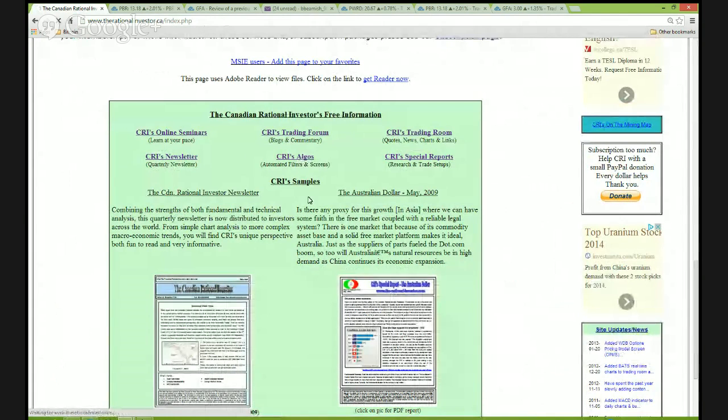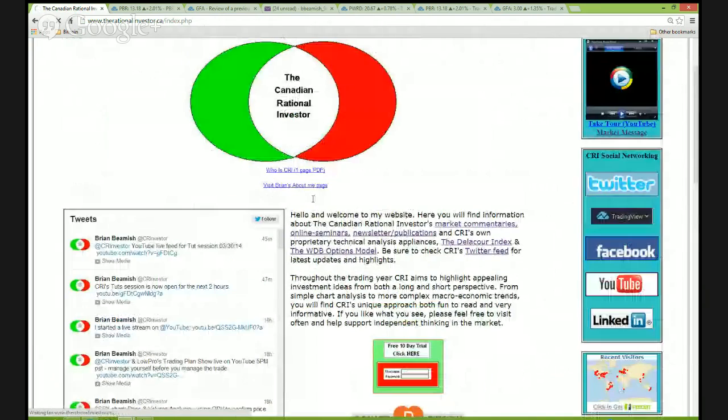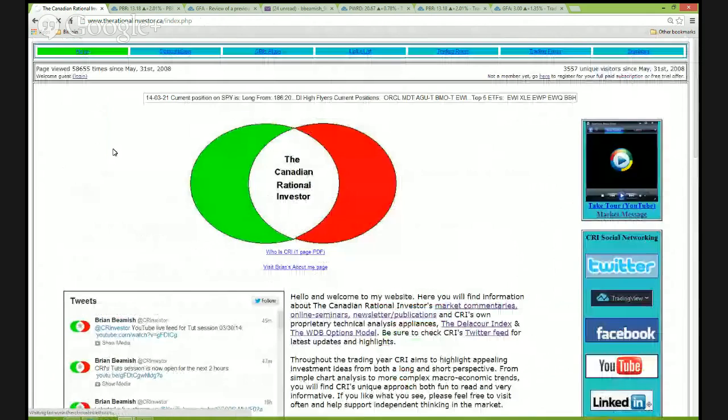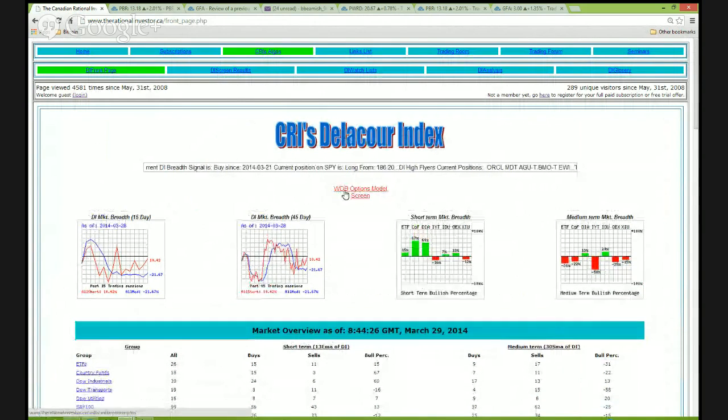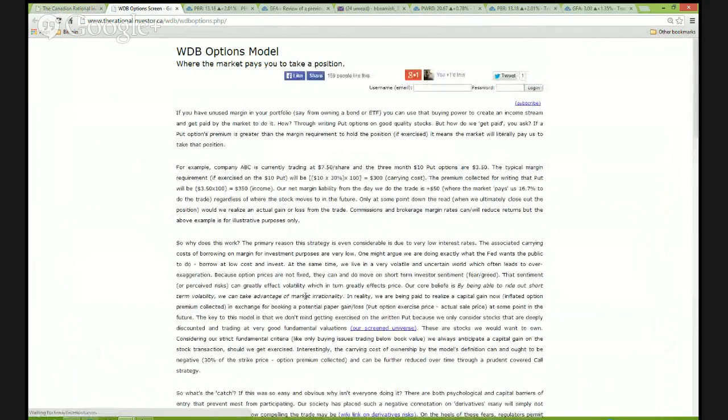So you click on CRI's algos. Holy crap, this server is slow. Once you get onto this page, you'll notice that just below the CRI's Delacorp index, there's a link here, WDB Options Model Screen. So if you mouse over that and click on that button, that takes you to this page.